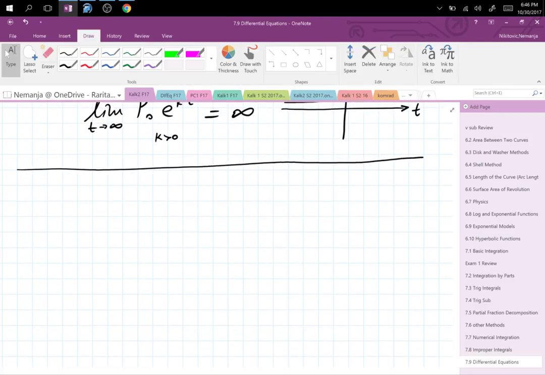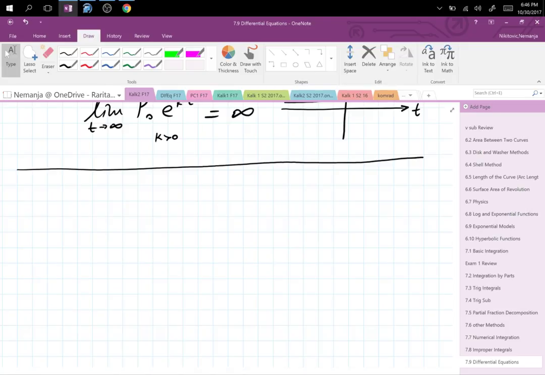You read the words, and then you translate those words into a mathematical sentence. You solve that because it's going to be a differential equation. Now, with classification, we are going to say that if the equation contains the first derivative only and no higher order derivatives, then we say that's a first order differential equation.